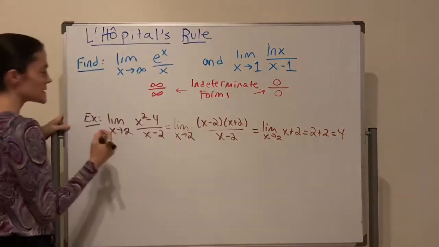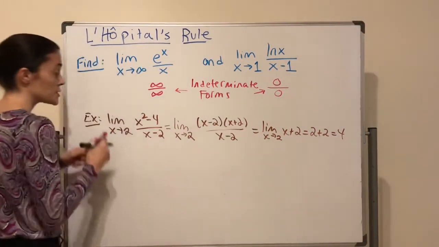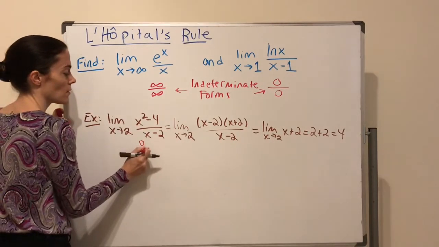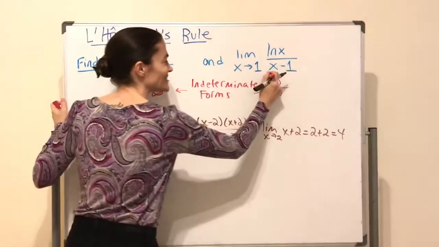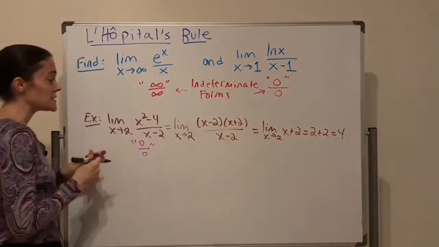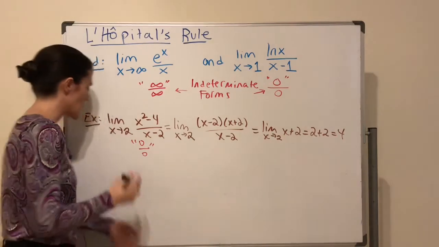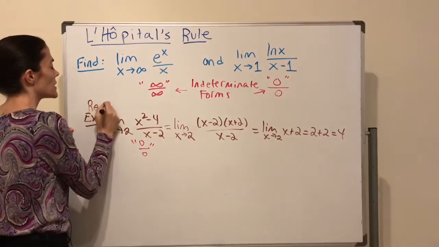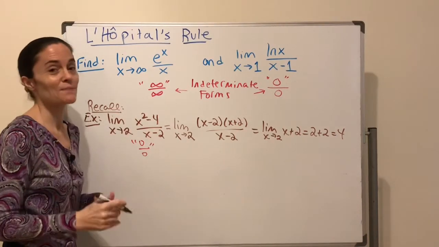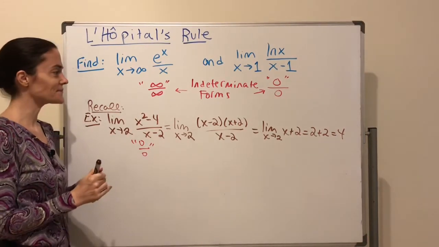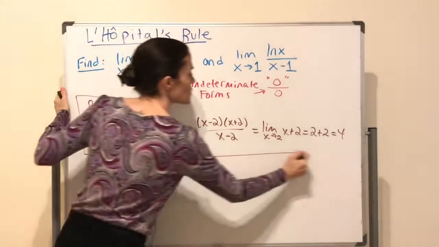So here we got an indeterminate form, and I would put this in quotes. I'll put it in quotes here too. And it is a signal to us that we must do something. Maybe I'll just say recall here, because this would be something that we could have done much earlier in the semester. Okay?